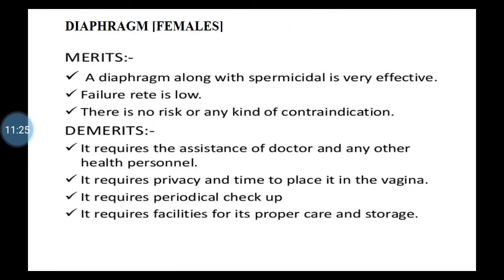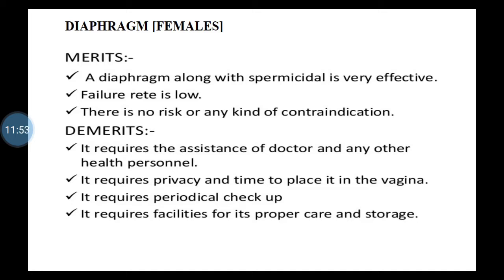Now the advantages we will discuss first. If the diaphragm is used with a spermicidal agent, it is very effective. The failure rate is very low with this method, and there is no risk of any kind of contraindication. It does not interfere with sexual pleasure, as we have seen in the case of the condom.